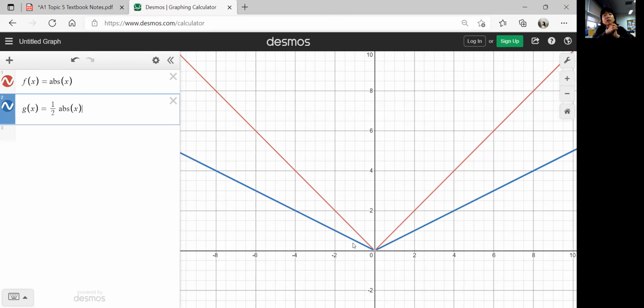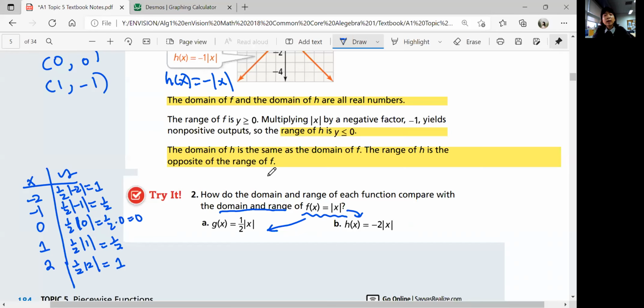Is it still all positive numbers? Yes, the vertex doesn't move. So domain and range stay the same. Okay, the domain and range of g are the same as f would be more accurate.